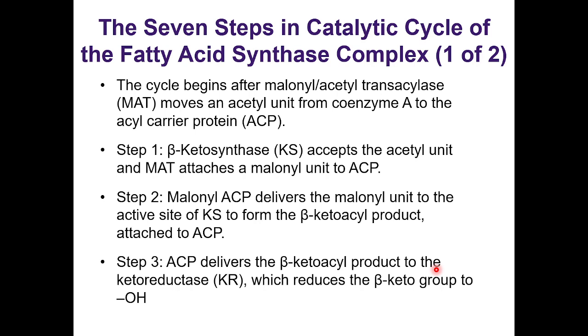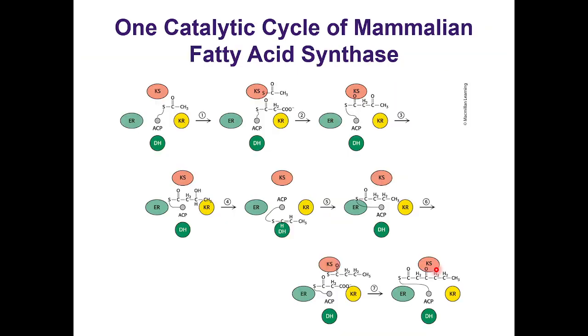Your cycle is going to begin after your malonyl acyl transacylase, your MAT. This moves an acyl unit from your coenzyme A to the acyl carrier protein. That's that first equilibrium that we talked about, where we transfer onto the ACP. The beta keto synthase, this is your KS, by the way.